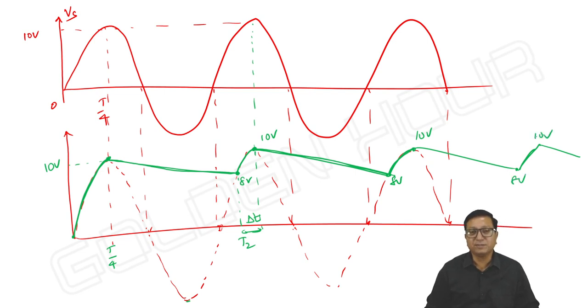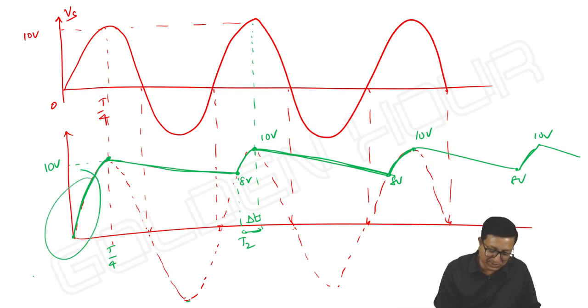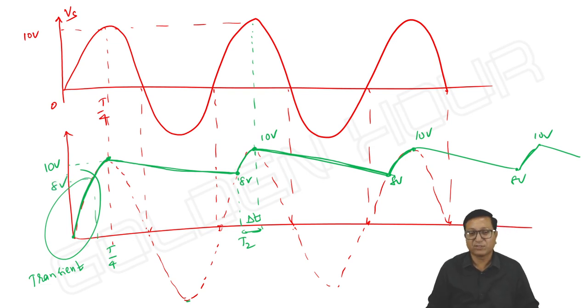That's it. So if you observe, this is what I can take as transient. It may be some 8 volts like this. So initially the capacitor no doubt starts charging from 0 volts only.